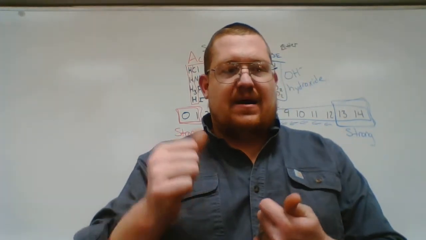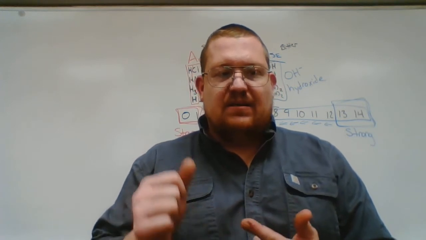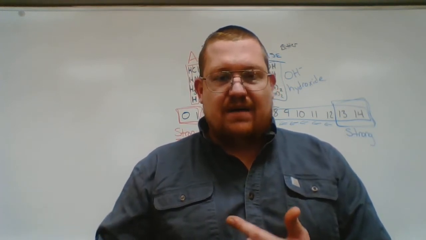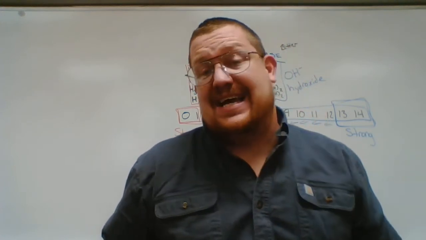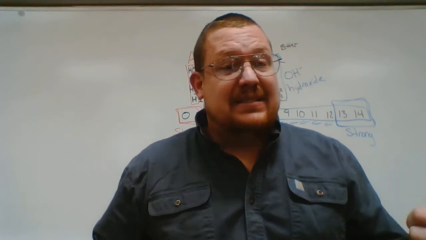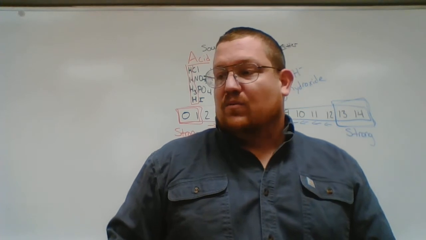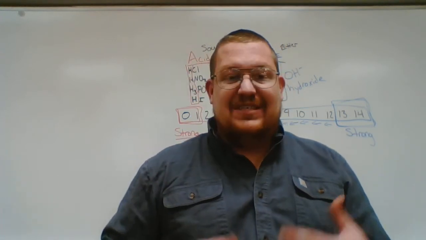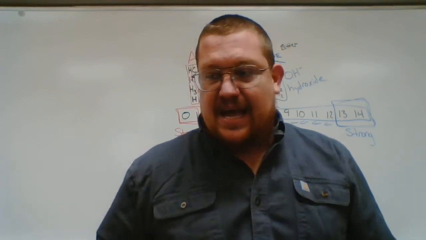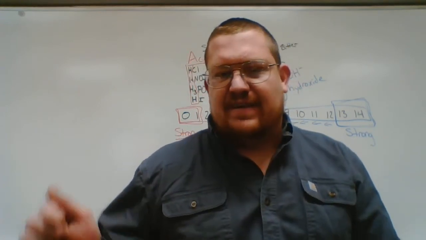So we talked about basic properties of acids and bases, the ions, hydrogen ion for acids, hydroxide ions for bases, and their taste. Acids taste sour, bases taste bitter. We talked about corrosiveness, which means it will damage or destroy whatever it touches, and a base can be just as corrosive as an acid.